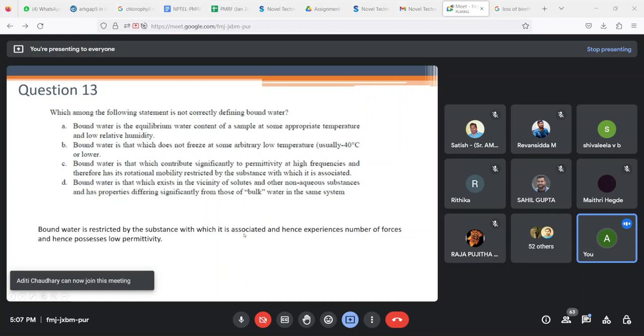The bulk water, since it is free moving, will have a higher permittivity, whereas bound water, which experiences a lot of forces from the solutes, will not have as much permittivity as the bulk water. Is this clear? So the bound water has very low permittivity, whereas the bulk water has higher permittivity.